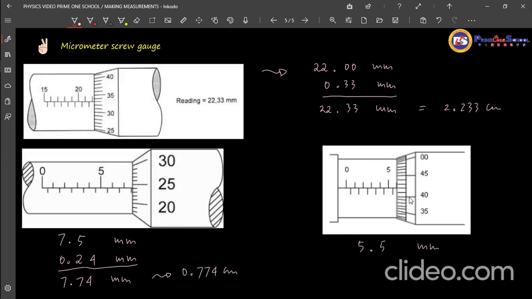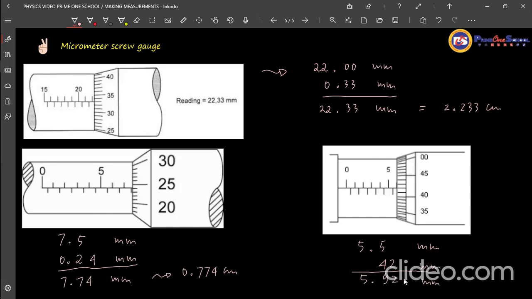Sorry. 40, 41, 42. So you put this at 42, so 0.42 millimeter. Correct? 41, 42. Yeah, okay. So it becomes 5.92 millimeter. Yeah, almost 6, correct?